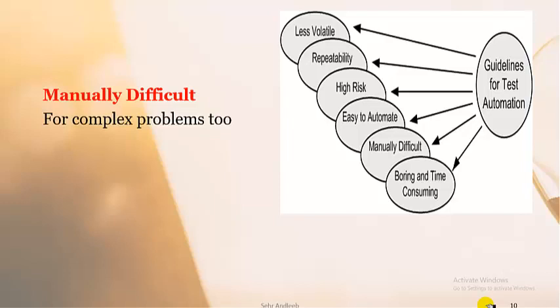So if there is a complex problem, it is difficult for an average human to run the manual test case, identify those complex problems, and resolve that complexity or identify the errors in it. But for the computer, it is easy. When you have the automated test case, it will identify the errors and mistakes, right?